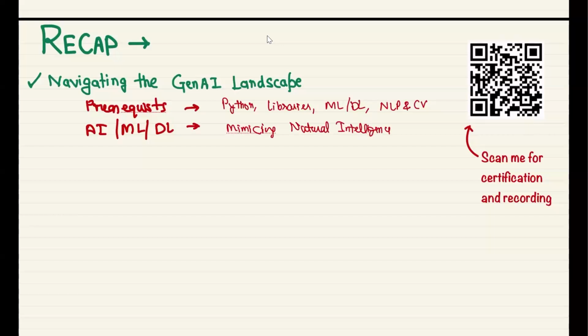Right? The tasks which can be done by mimicking natural intelligence, all those tasks come under AI tasks. For example, you remember the tasks I showed you earlier? I showed you a task of identifying whether an email is ham or spam.